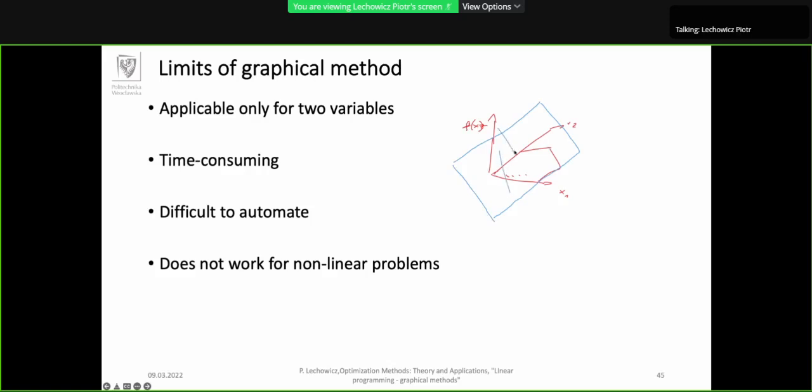So if it is a plane, we can always draw a certain line in a feasibility set, which has a certain value in our objective function, and we can move this line in such a way that we are improving the value of the objective function until we reach some point.